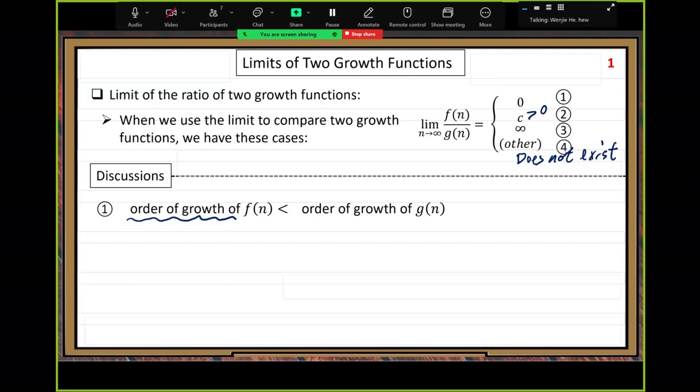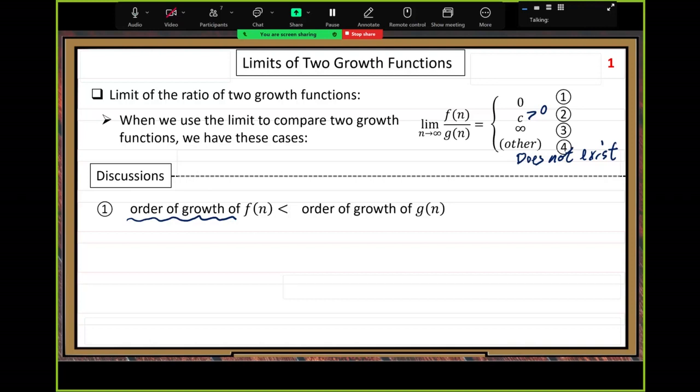So you may ask me, what's the order of growth, right? Let me delay a little bit, but I will let you know at the beginning of next class. So here we just imagine there is an order of growth concept.